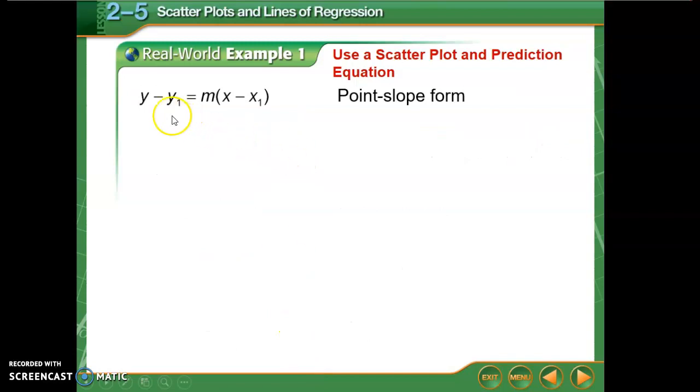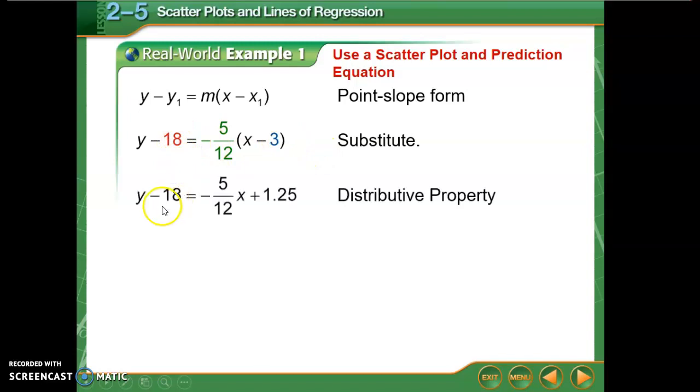And then we're going to use the point slope form so that we can create an equation. In this case, we're using the point 3 and 18. So distribute negative 5/12 to negative 3.